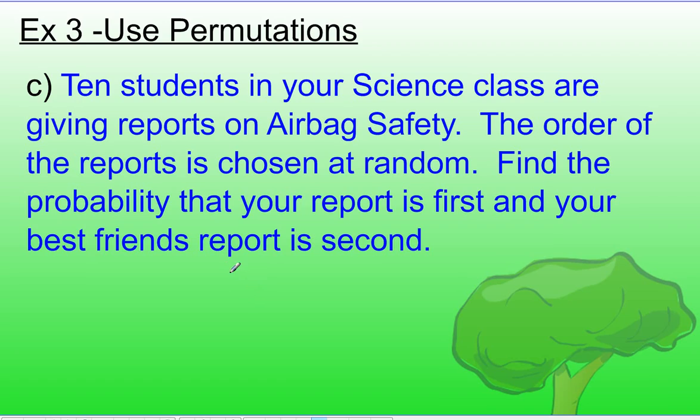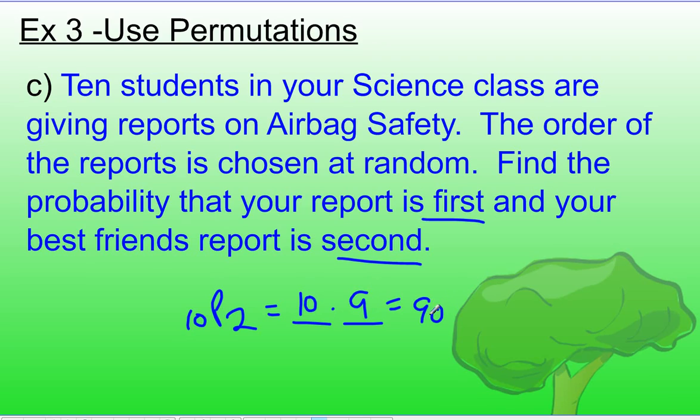Okay, so let's see. There's 10 total students, and you're picking the first 2. You're first, and your best friend is second. So there are 10 people who could go in the first place, and only 9 would be able to go in the second, giving a total of 90 possibilities for picking the first and second person to go.